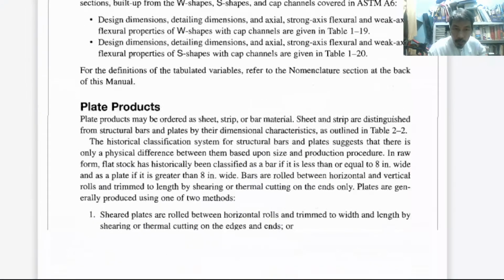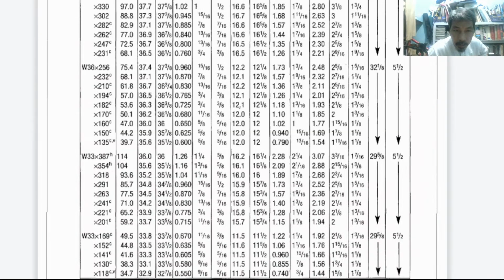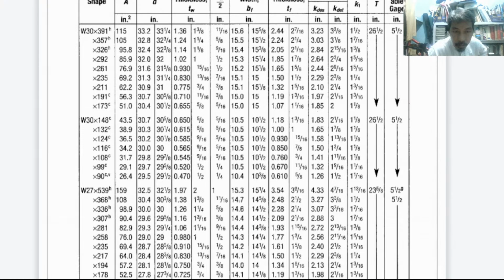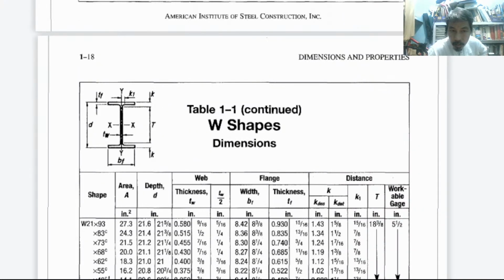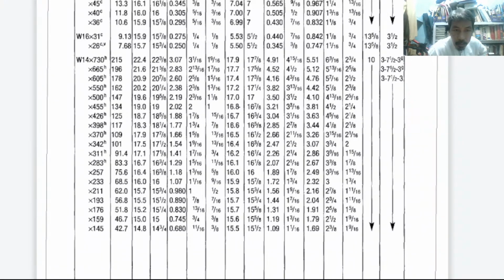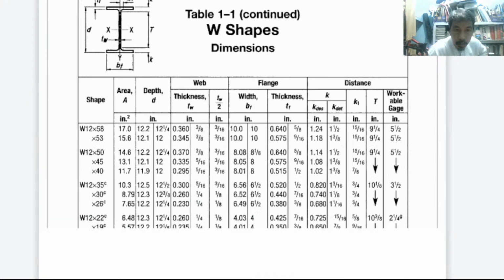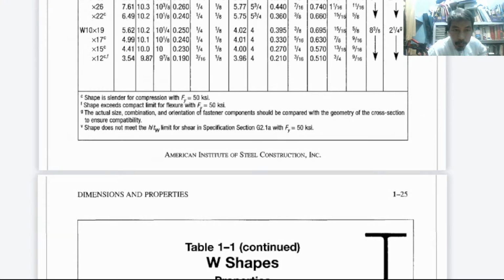So let us find out W10 by 22. We have here the W10 by 22.